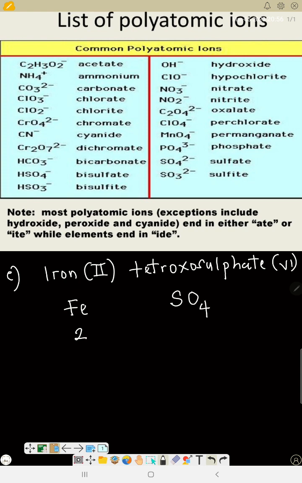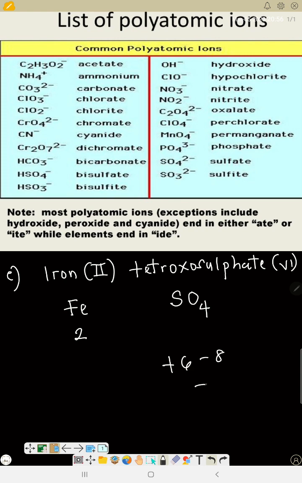Remember all these ones I've mentioned. We've mentioned nitrate, NO3, that is trioxonitrate 5 in full. We've mentioned carbonate, that is CO3 2 minus, that is trioxocarbonate 4. Now SO4 is 2 minus also, that is tetraoxosulfate 6, because you have 4 oxygen. They both carry 2 minus, and sulfur is plus 6, oxygen will be minus 8, 4 times minus 2.